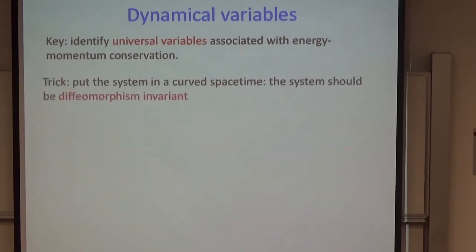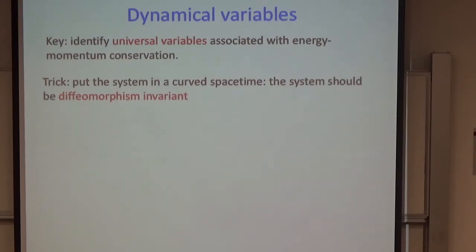And so here there's a trick. Again, you make the system more complicated. Previously, for dissipation, we went to quantum. Here, even if you are interested in flat space physics, we put the system in curved spacetime. Because of energy momentum conservation, the physics in curved spacetime becomes non-trivial, because the system should be diffeomorphism invariant.